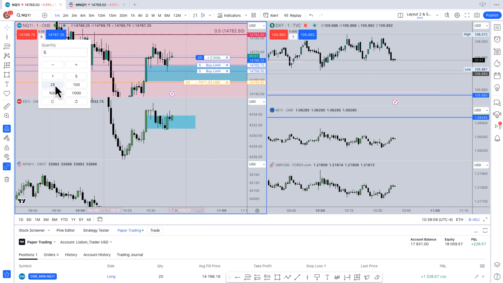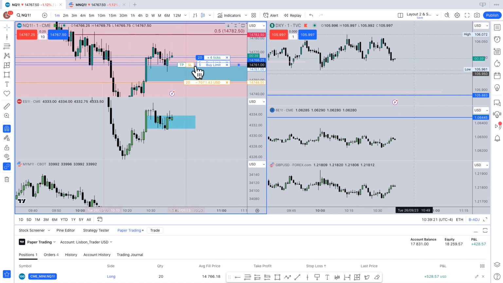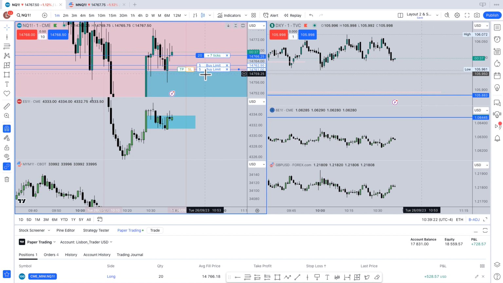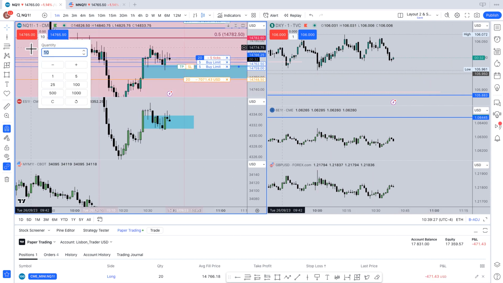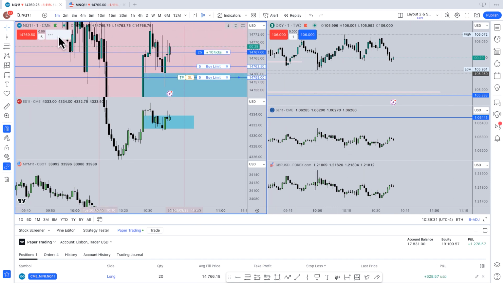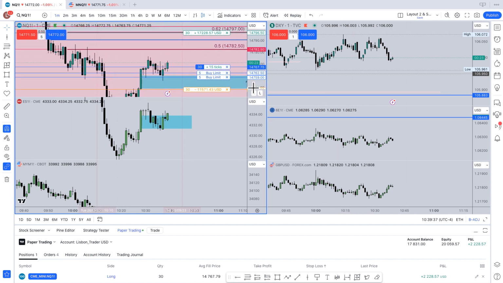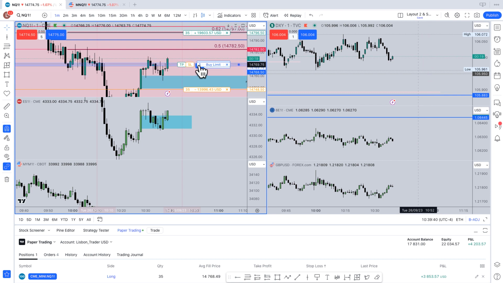So let's buy at this order block. Let's buy the retracement.